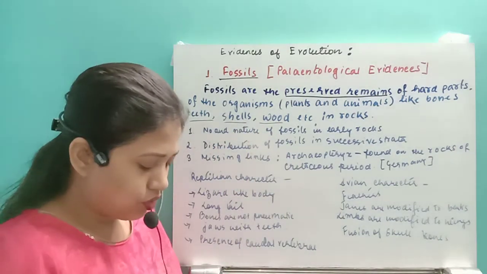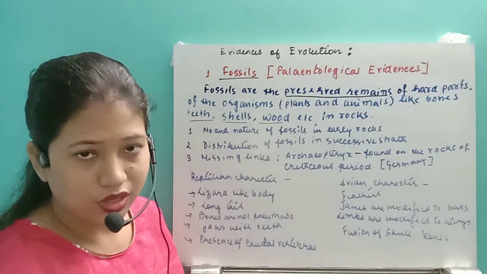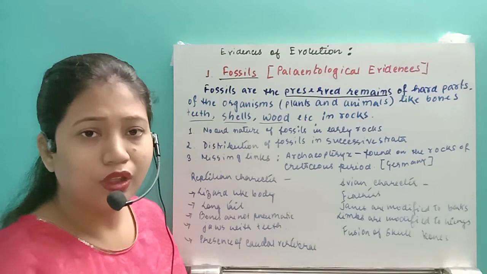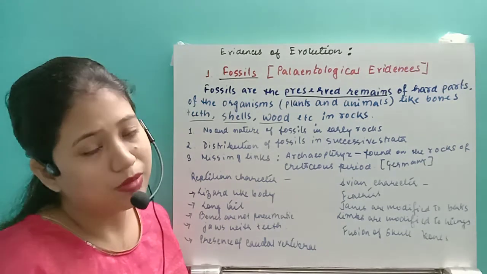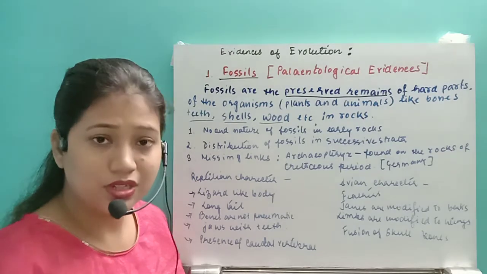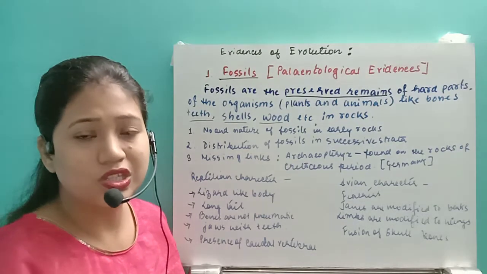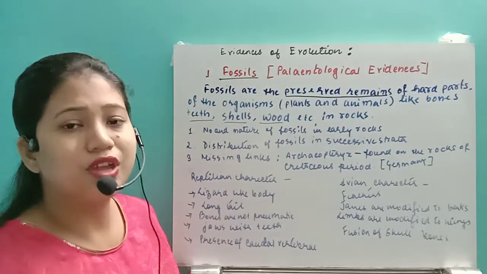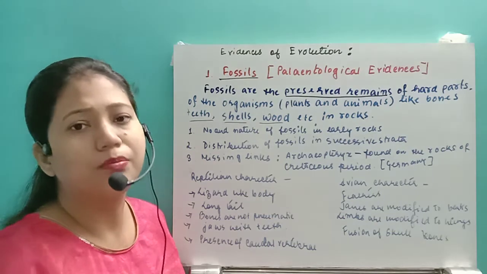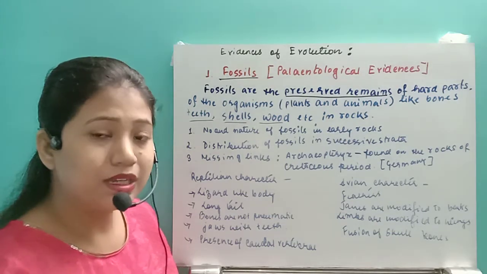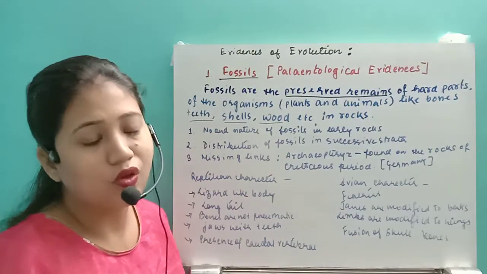It's not necessary that the whole organism be preserved in the earth crust, or in deeper rock, or in ice. It may be just a bone, just a tooth, or sometimes just a print. Suppose there was a fern, an organic compound that completely decayed, but the print of the fern is still intact on the rocks.